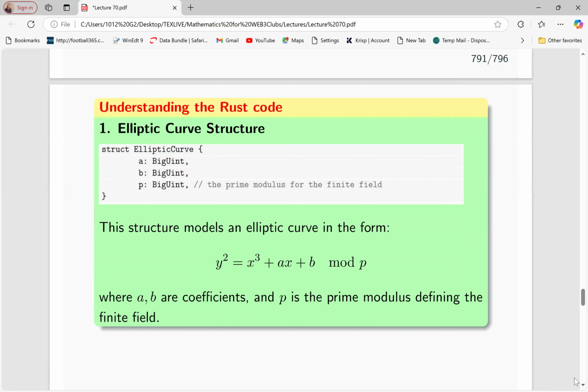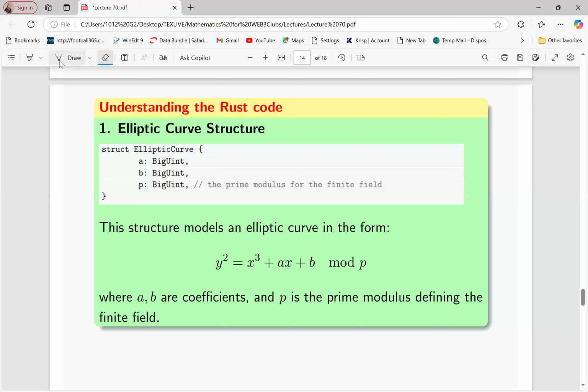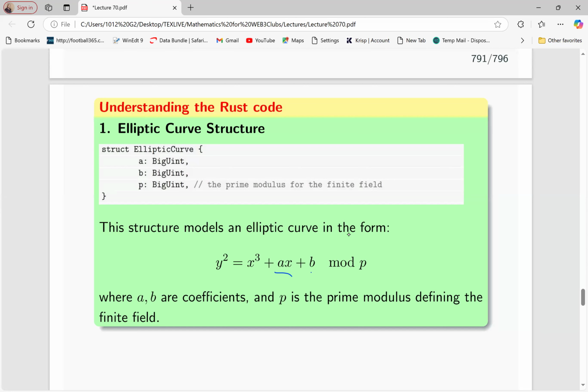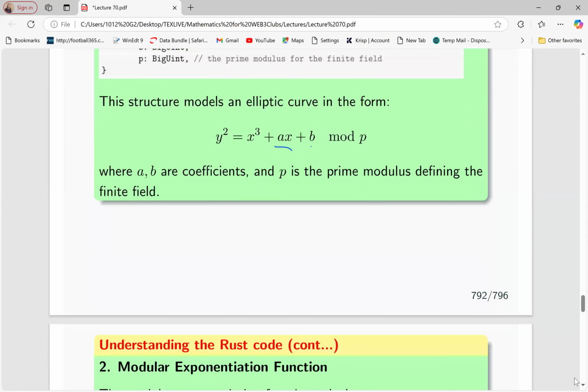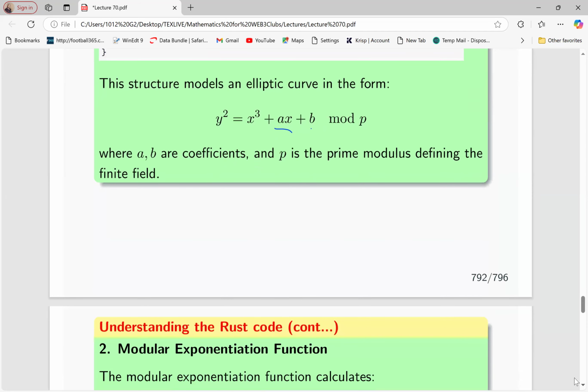It will be y square is x cubed plus ax plus b mod p, where a is the coefficient of x and b is a constant. Of course, we know what an elliptic curve is. We talked about how to test if a curve is elliptic or not.